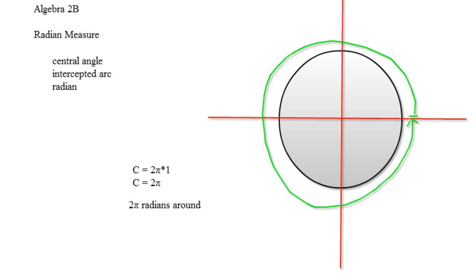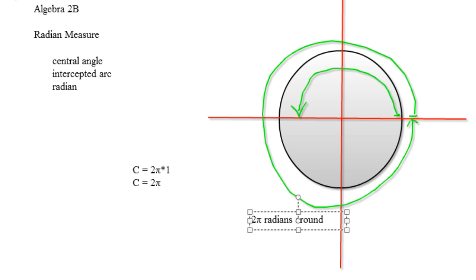If we only go halfway, that is going to be 1 pi, which is half of 2 pi, which makes sense. So we would call this pi radians around. If we only go half of that, we would be going pi halves, so that would be pi halves radians around.